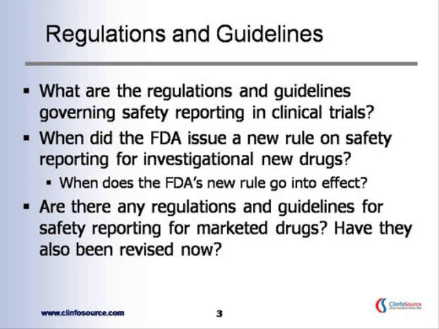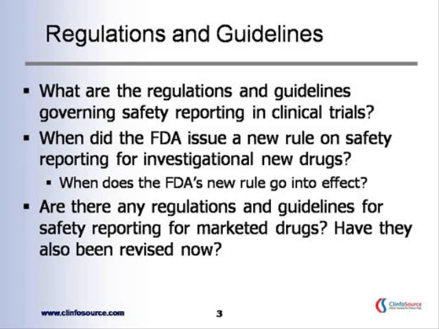For marketed drugs, the regulations applicable to adverse and serious adverse events are contained in the Code of Federal Regulations, CFR, Title 21, under Parts 310.305 and 314.80. For biological products, the post-marketing reporting requirements, as found at 21 CFR 600.80, apply.